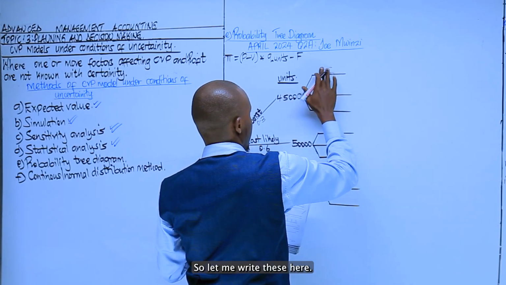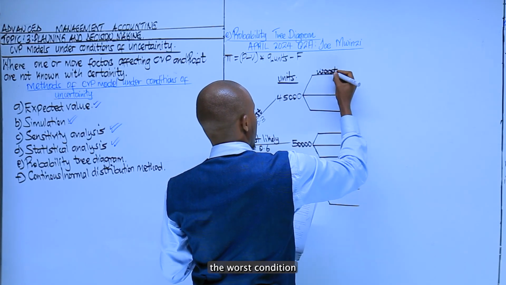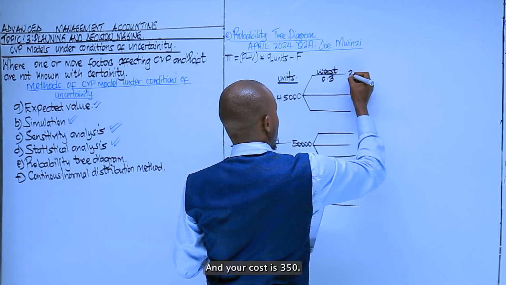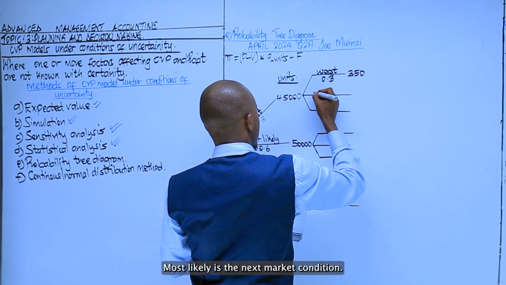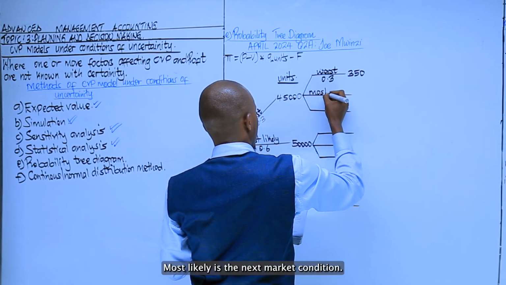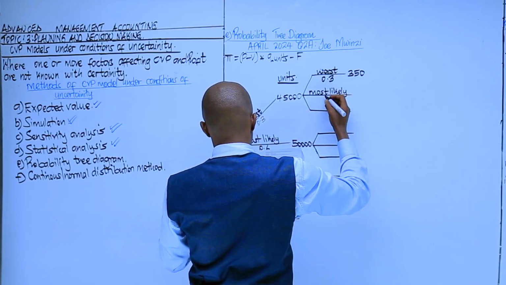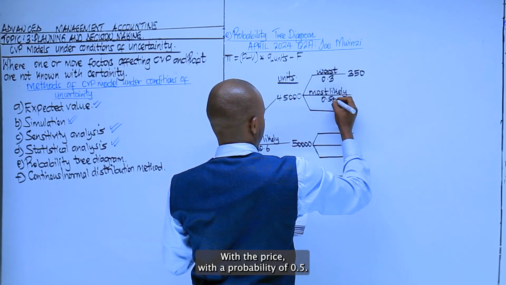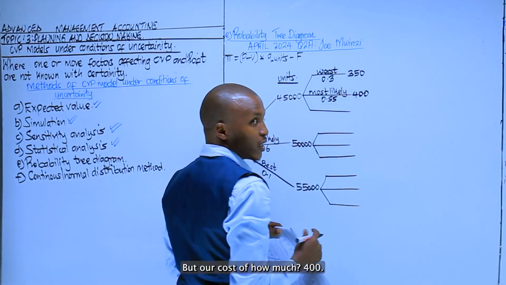So let me write this here, the worst condition with a probability of 0.3, and your cost is 350. Most likely is the next market condition, with a probability of 0.5, but a cost of how much? 400.